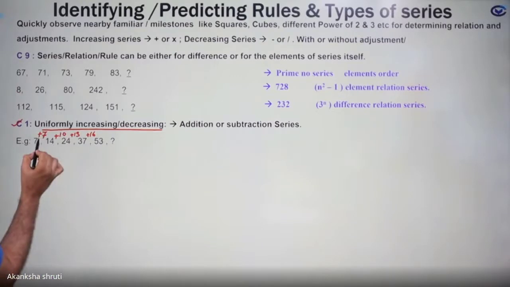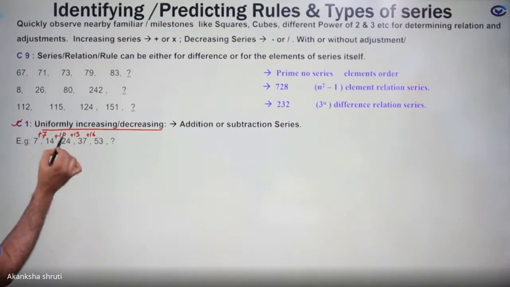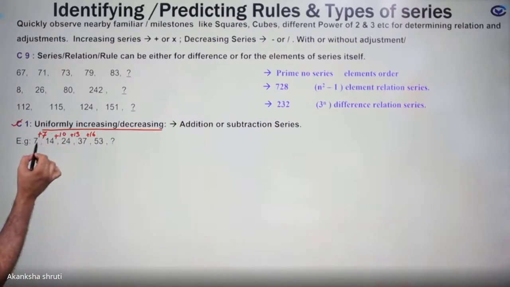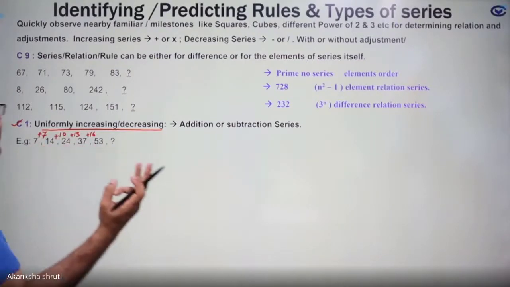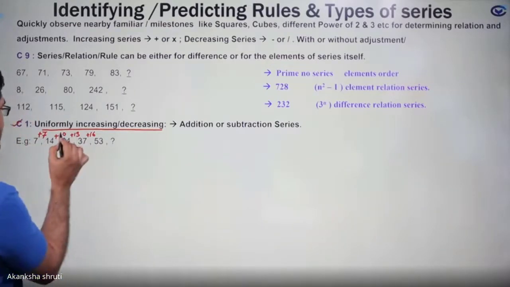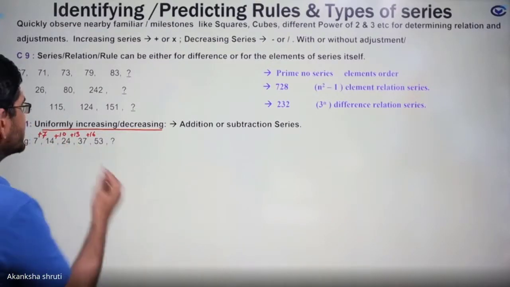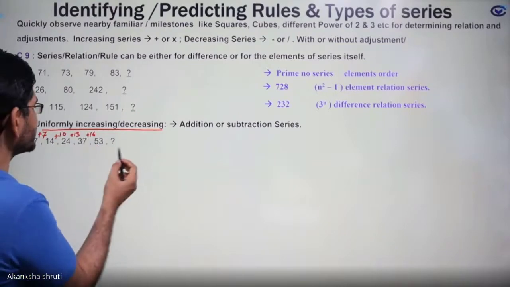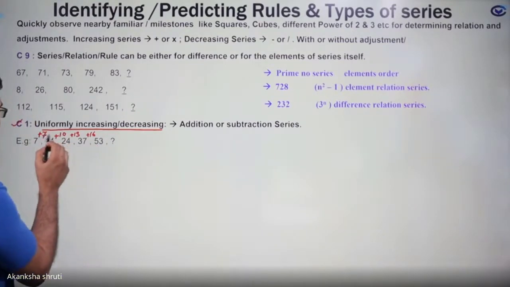Here we are getting that the difference itself is increasing. If you take the further difference of 7 and 10, you get 3. 13 and 10 is 3. 16 and 13 is 3.